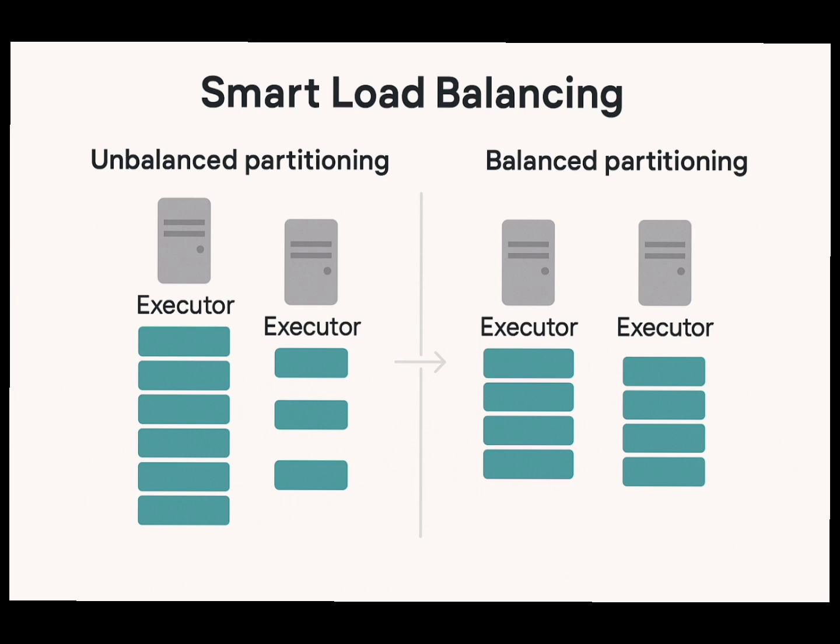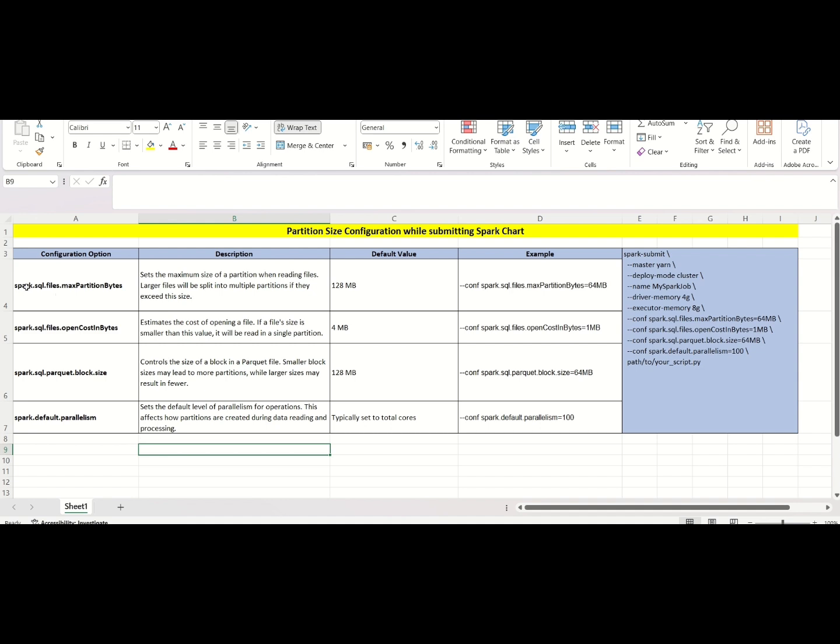So let's move on. Let's now break down the four important configurations you will want to tune while doing Spark configuration. Number one is spark.sql.files.maxPartitionBytes. So what does it do?